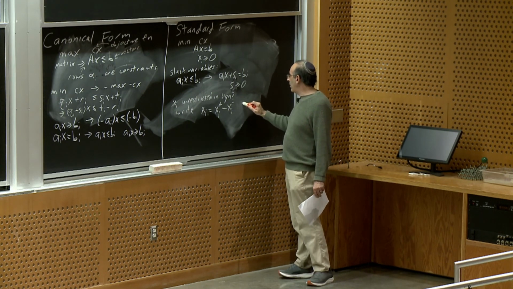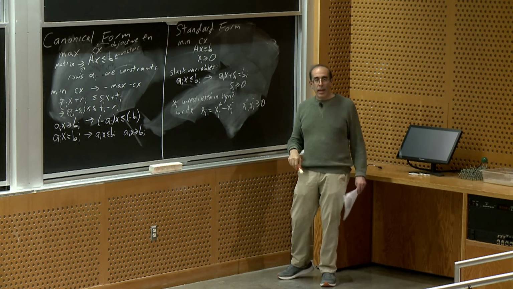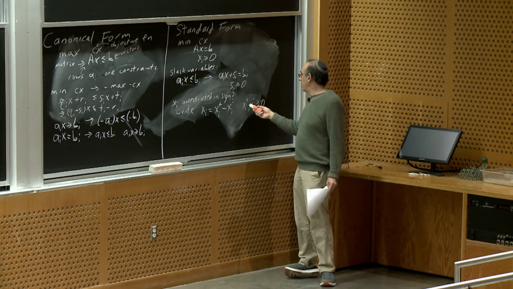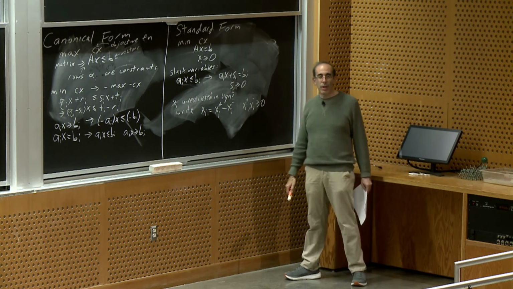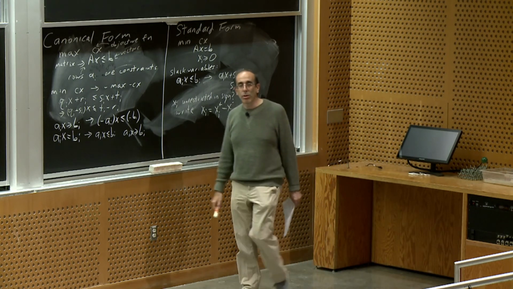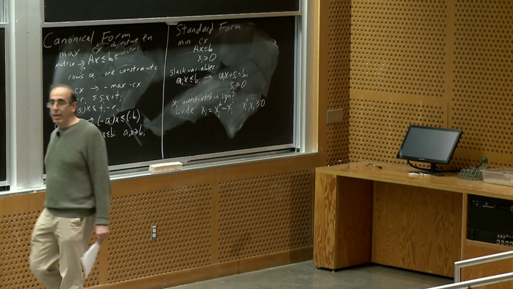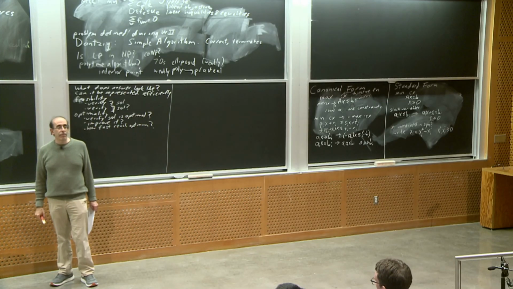And now you can constrain both x_i plus and x_i minus to be greater than or equal to 0, and it's fine, right? Since you're just subtracting them, these constraints don't actually restrict anything, but they do achieve our goal of having every variable be constrained to be non-negative. Does that make sense?